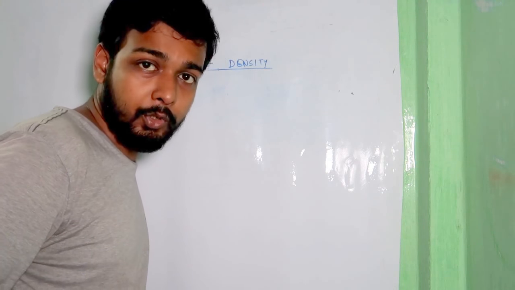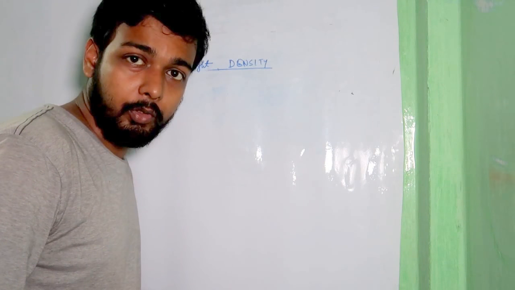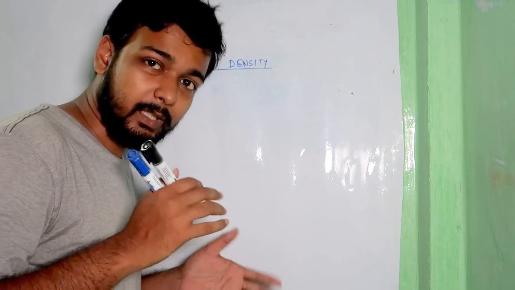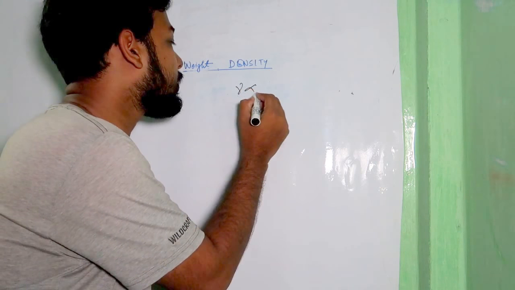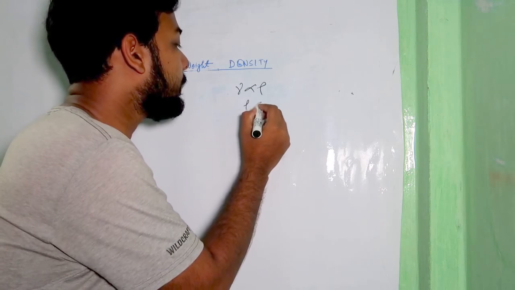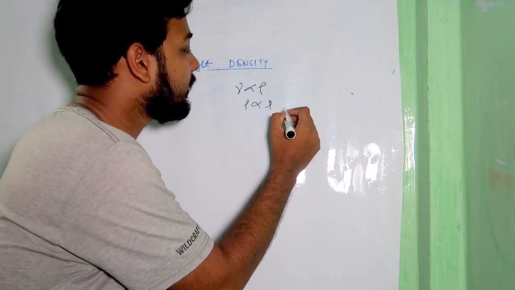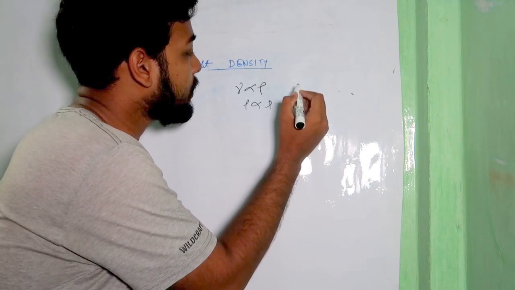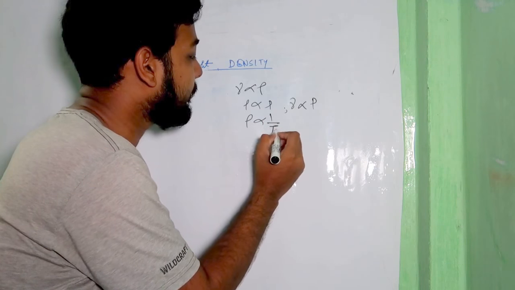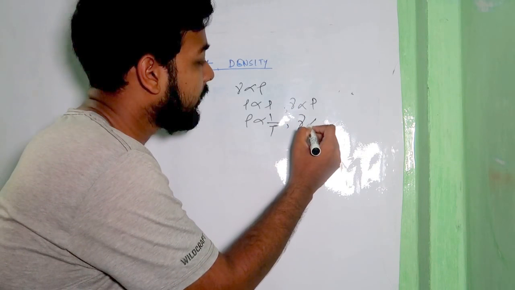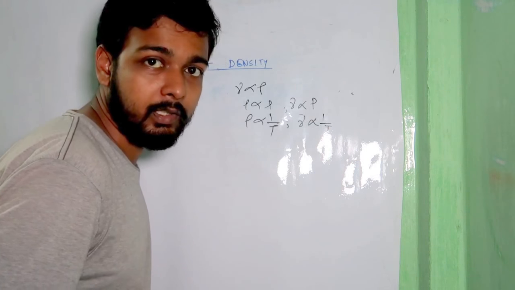Now I'm going to show you the effect of a temperature change or pressure change. As gamma is proportional to rho, and rho is proportional to pressure, that means gamma is proportional to pressure, and rho is proportional to 1 by temperature, so gamma is proportional to 1 by temperature.